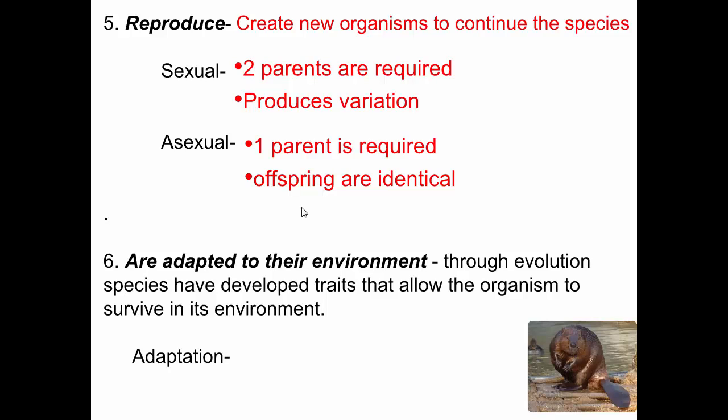And finally, our last one. All living things are adapted to their surroundings, adapted to conditions where they live, due to the process of evolution. Throughout evolution, species have developed traits that allow them to be successful, allow them to thrive in their environment.